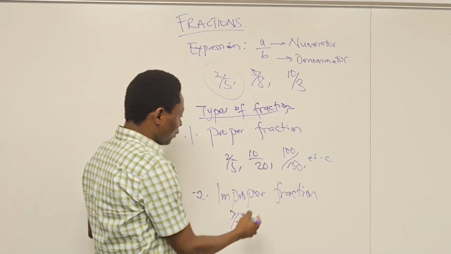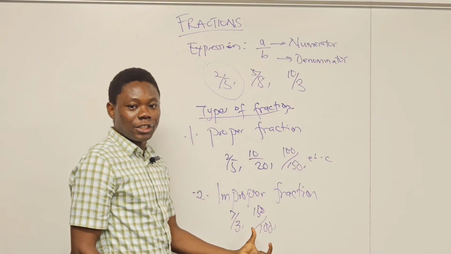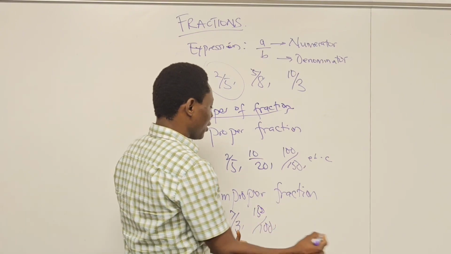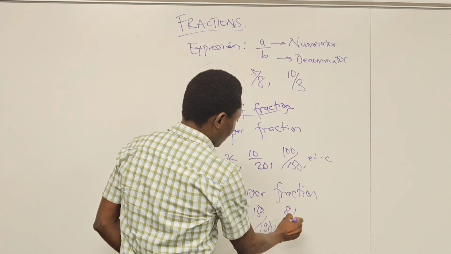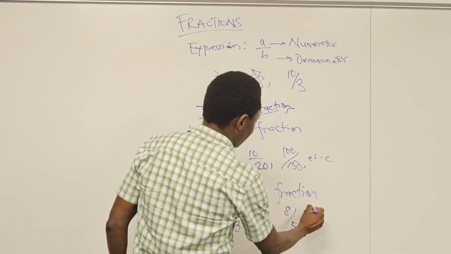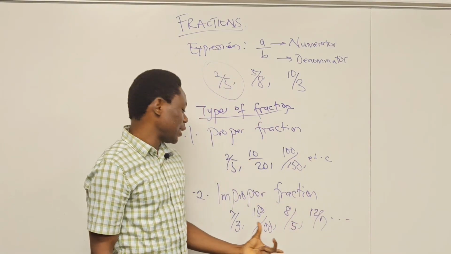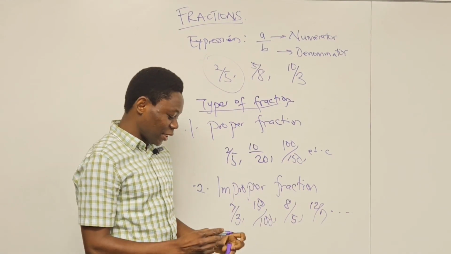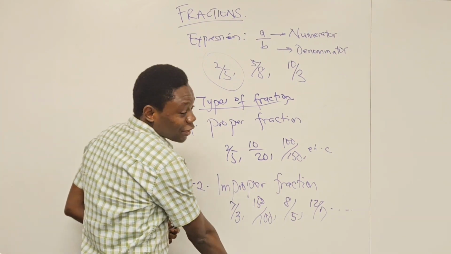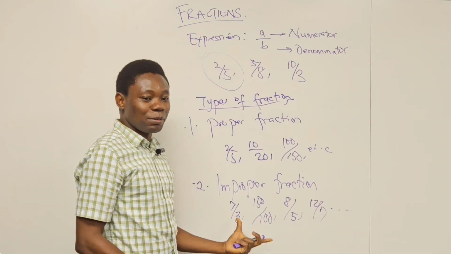If we flip any of these, we have 150 over 100, which is an improper fraction. We can also have things like 8 over 5, let's say 12 over 7, etc. These are improper fractions.